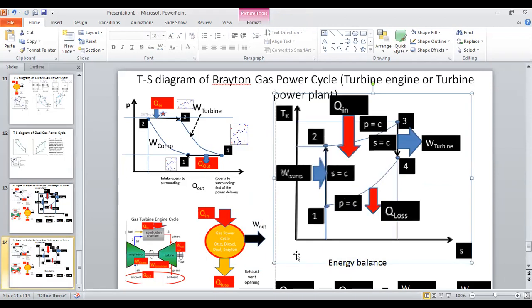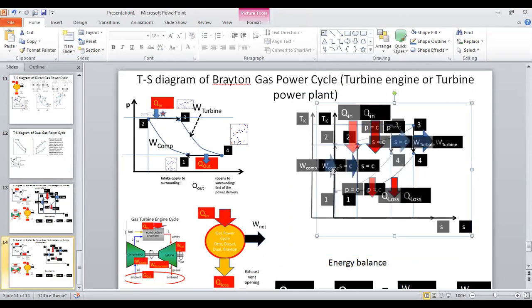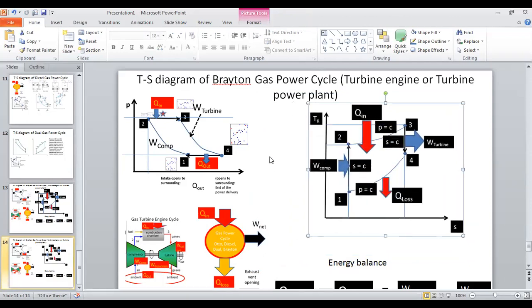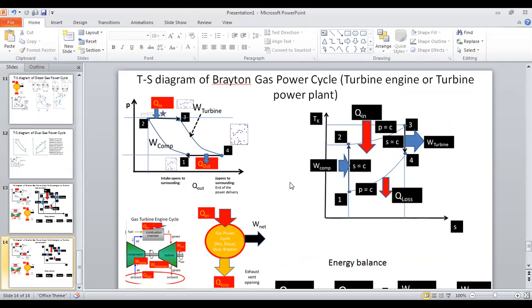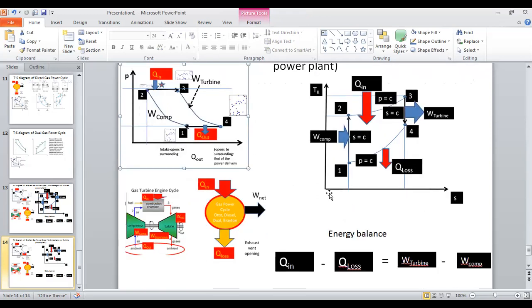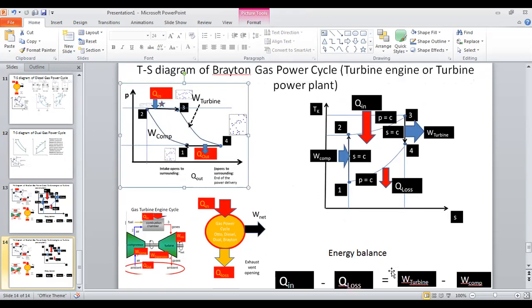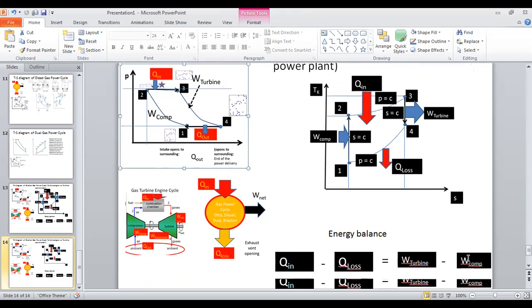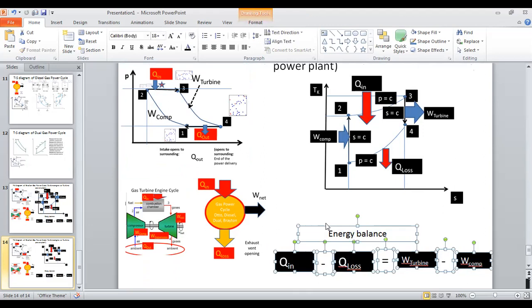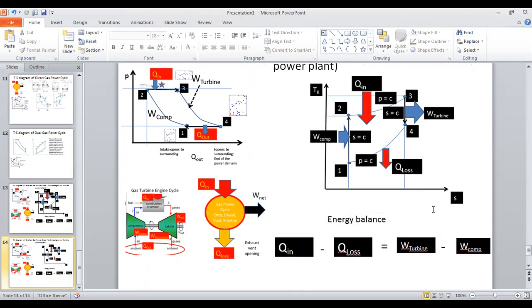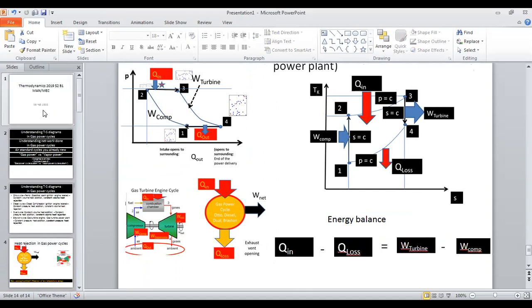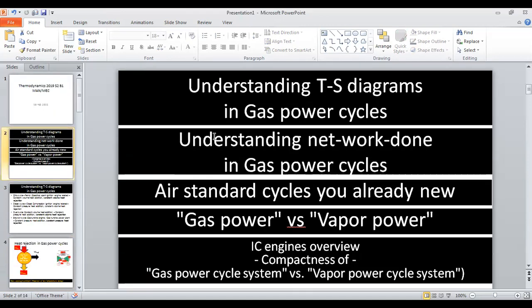Same way you can construct any of the TS diagrams by your own understanding. Okay, good. So I believe you understand this. Good. So here, TS diagrams.